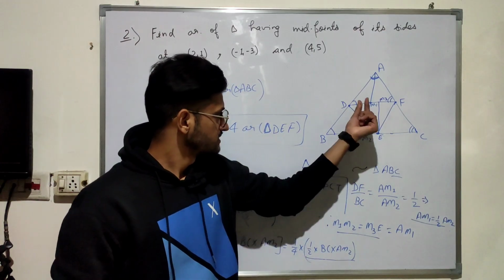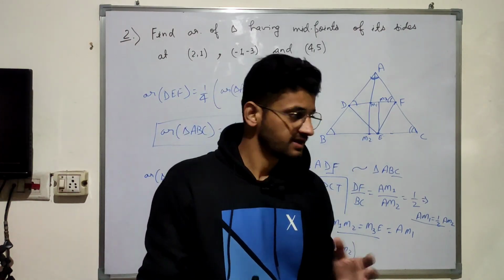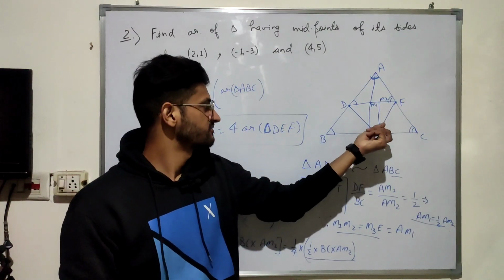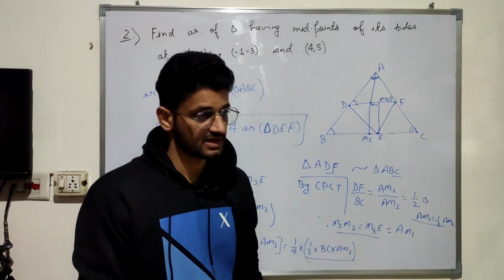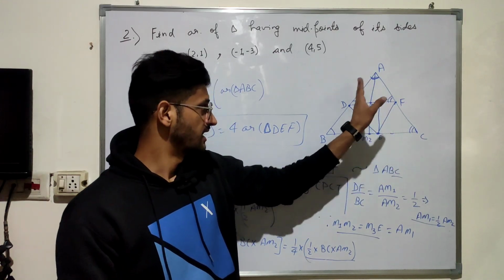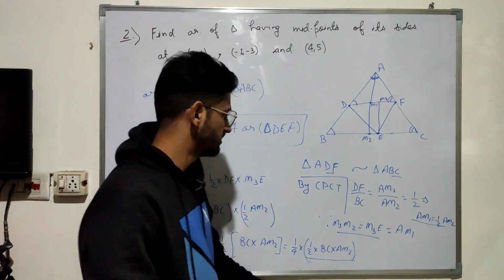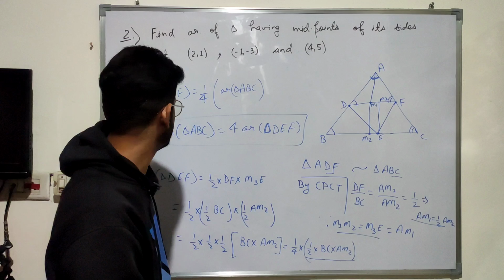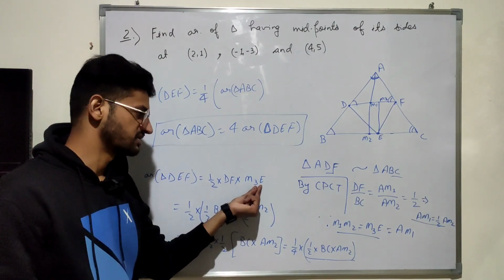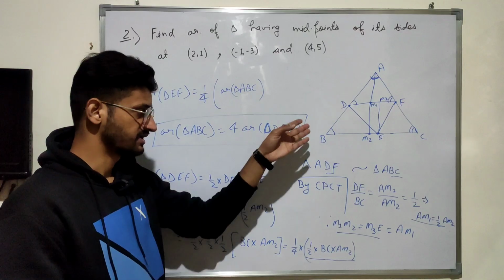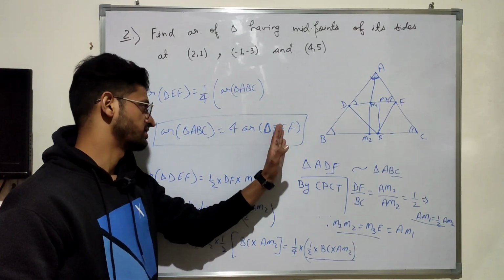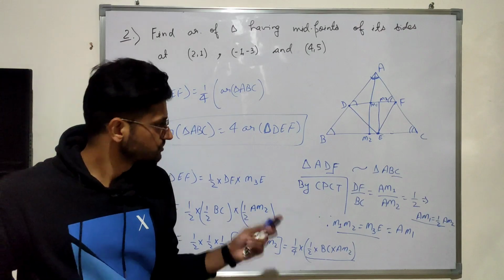By corresponding parts of corresponding triangles, if the base of triangle DEF is half of the base of triangle ABC, similarly the altitude is also going to be half of the altitude of triangle ABC. We have replaced DF and M3 in terms of base and height of triangle ABC, and we got that the area of triangle ABC is going to be 4 times the area of triangle DEF. So we will use this result.